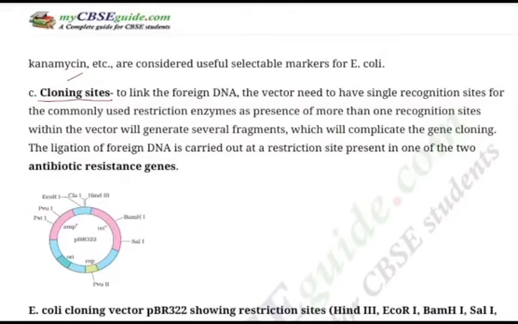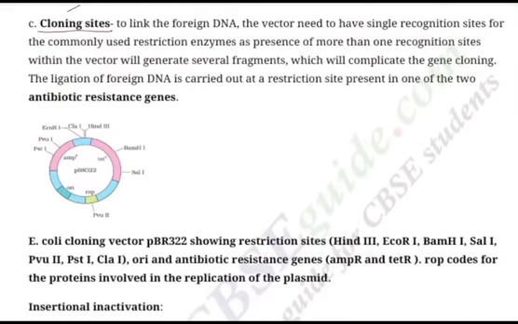To link the foreign DNA, the vector needs to have single recognition sites for the commonly used restriction enzymes, as the presence of more than one recognition site within the vector will generate several fragments, which will complicate gene cloning. The ligation of foreign DNA is carried out at a restriction site present in one of the two antibiotic resistance genes.